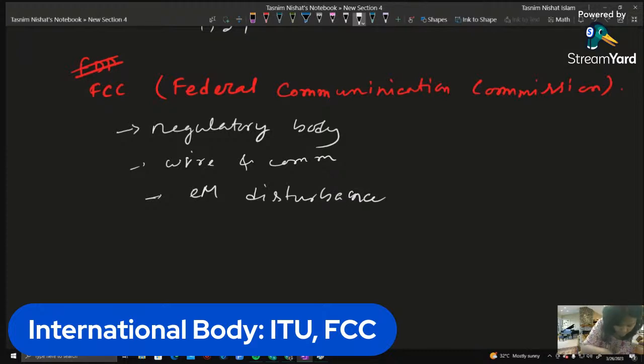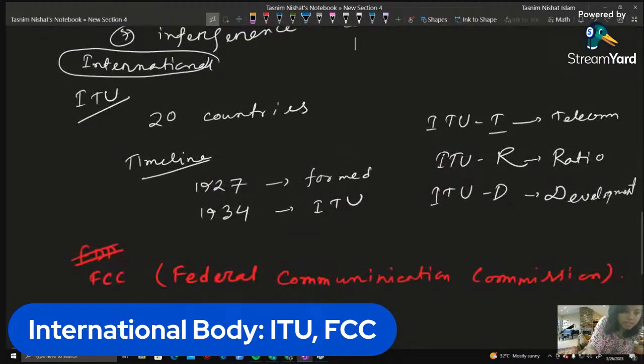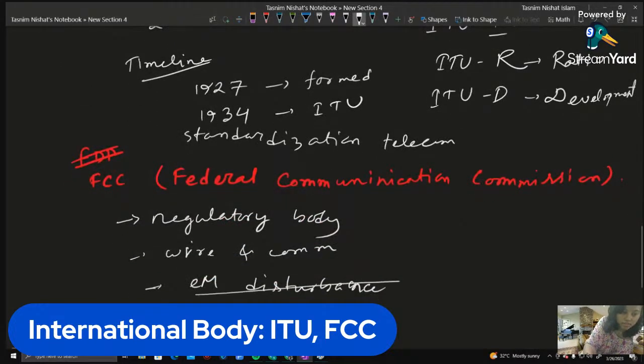ITU basically handles the standardization of telecommunication, and FCC handles the EM disturbance for the telecommunication.